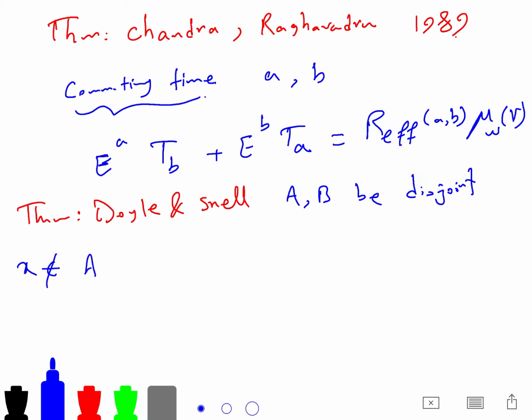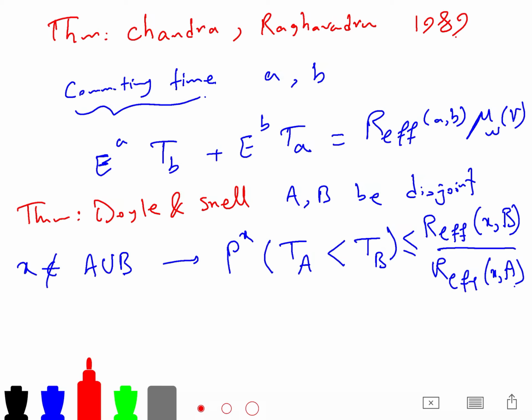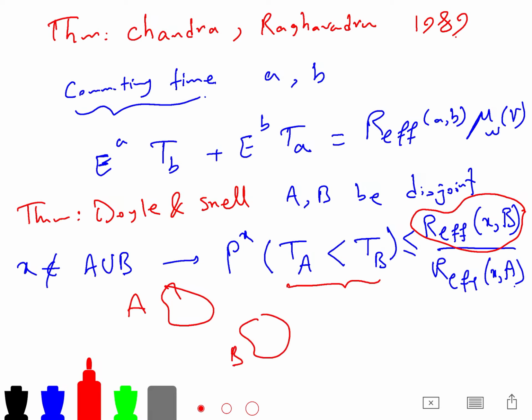If x is not in the union of A and B, then if you start from x, the probability that you hit set A before B is upper bounded by the effective resistance between x and B, effective resistance between x and A. So you see that effective resistance can bound some relations between hitting times of sets A and B.